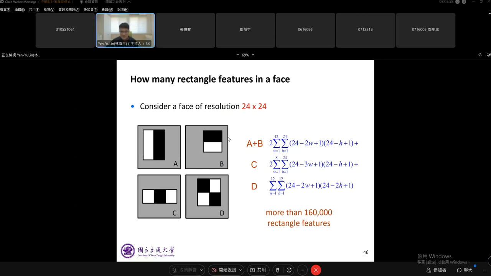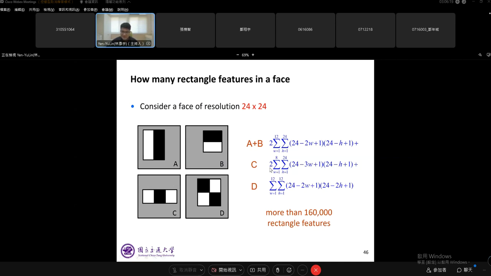There are two symmetric rectangle features, one horizontally connected and the other vertically connected, so the leading coefficient is 2 because we have two types of such rectangle features.